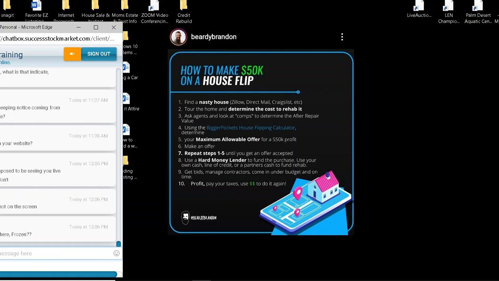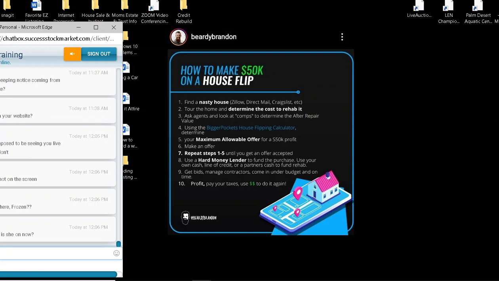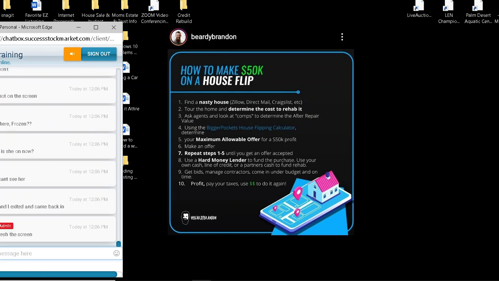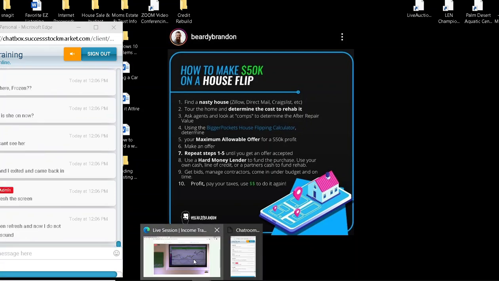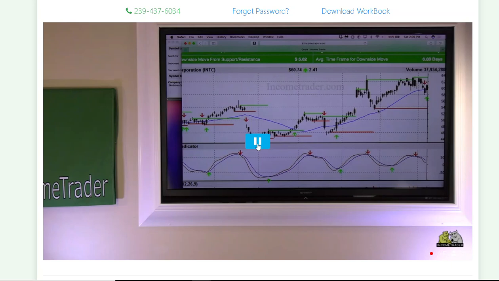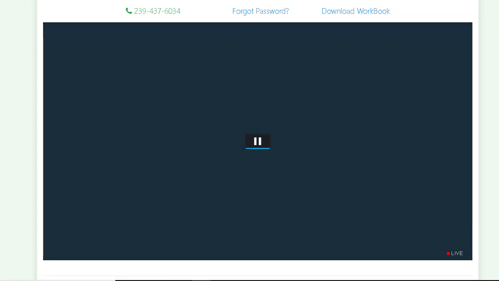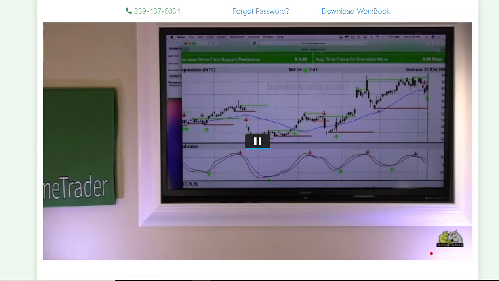So what's nice is you can see that it says the average move up. So let me ask you this. The average move up, and we have the frame. So if we were going to buy a stock, let's just do a quick review.